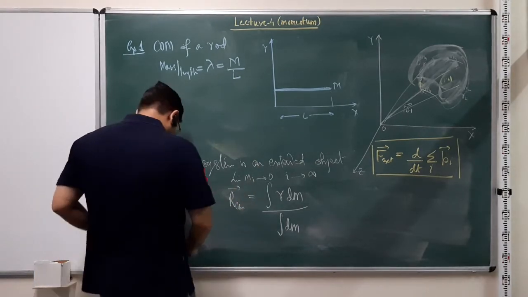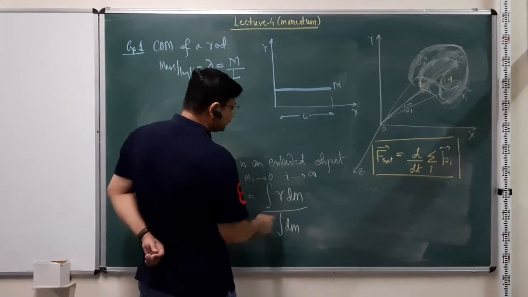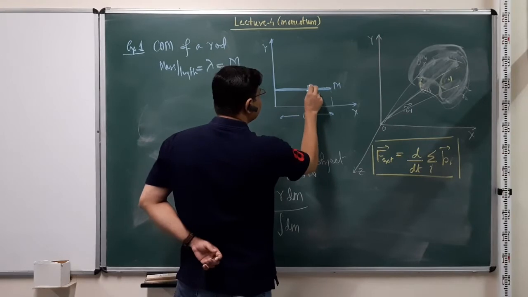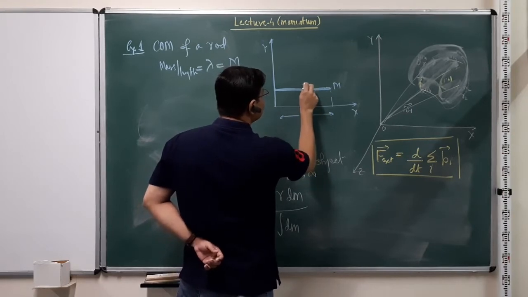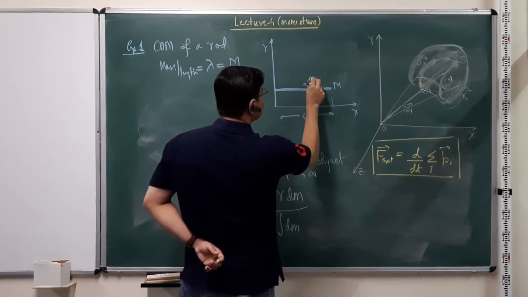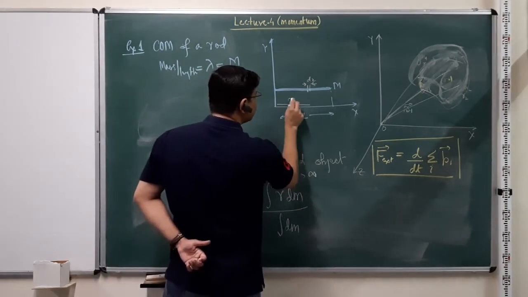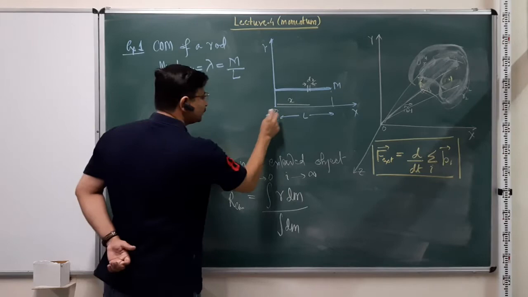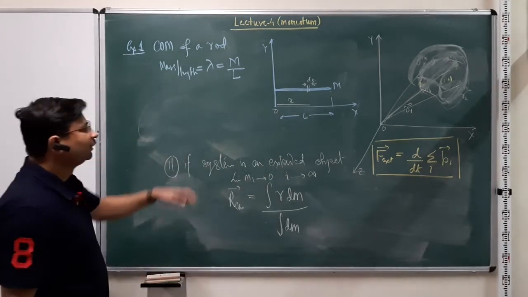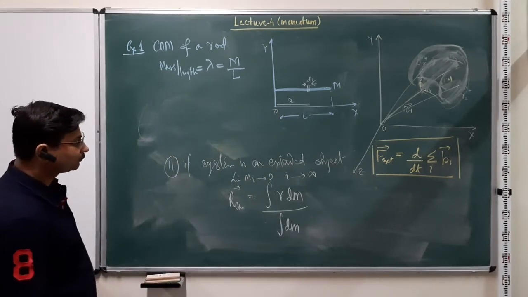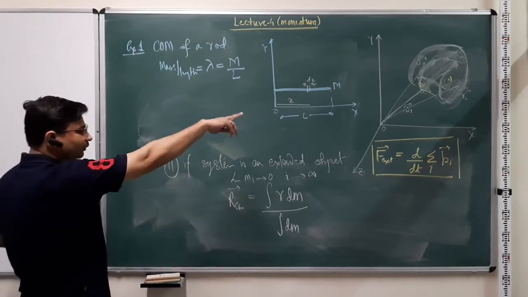And now I am going to do this integration. So I'll select a very small region of length dx at a distance x from the origin. So this is my origin, an arbitrary origin, and at a distance x from the origin, that's your dm.